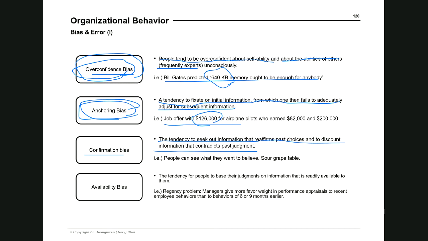Simply, people see what they want to believe. That's selective information choice.